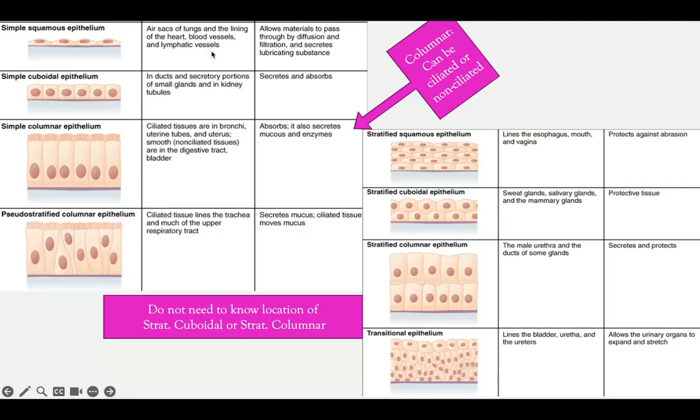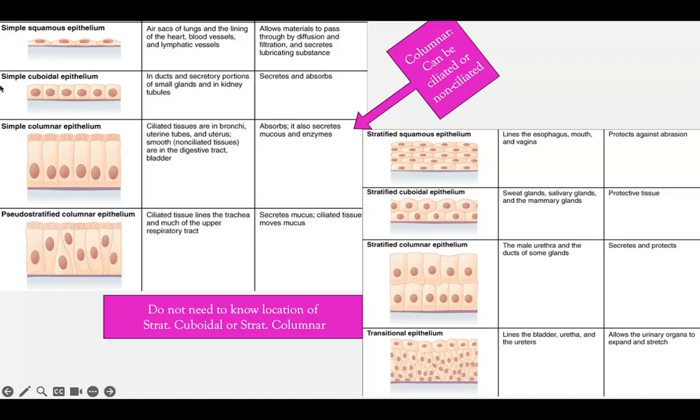Simple squamous epithelium is typically found in blood vessels and the air sacs of the lungs, and can also be seen in the heart and lymphatic vessels. Because it's only one layer of cells, it's going to allow materials to pass through via diffusion. We'll also see a lot of secretions.